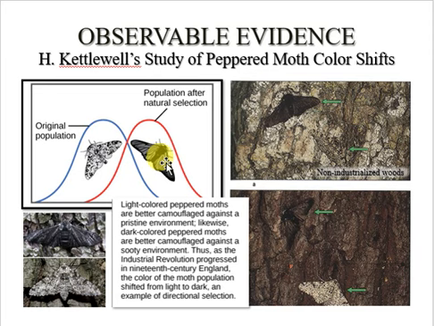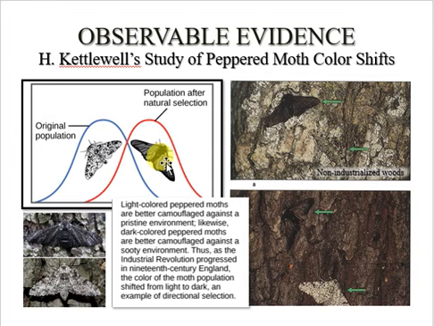By observing bird predation from closed blinds, or these little hidden tents, he was able to confirm that the conspicuousness of a moth greatly influenced whether or not it would be eaten. So the probability of a moth being eaten was directly correlated to how poorly it was camouflaged, right?